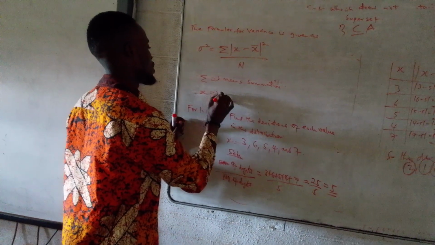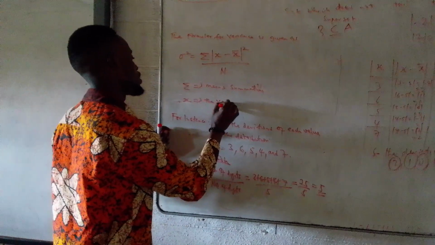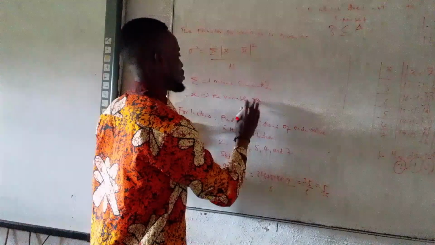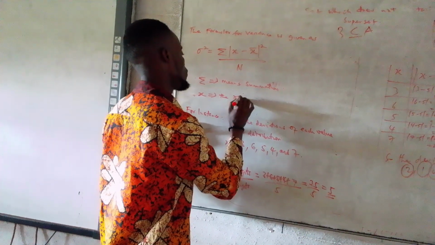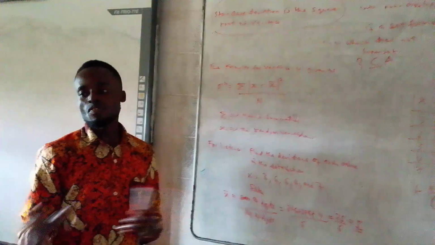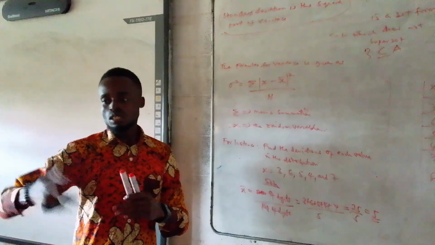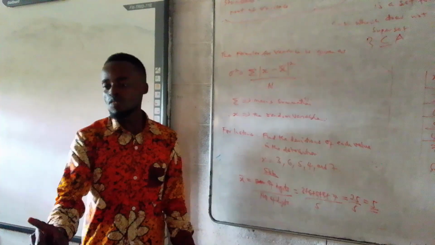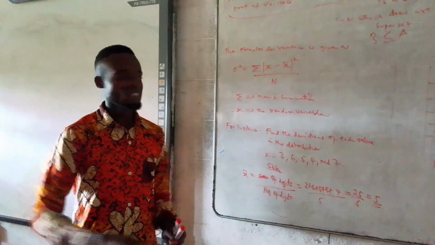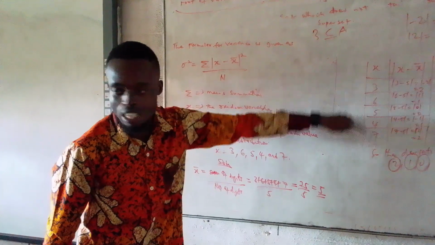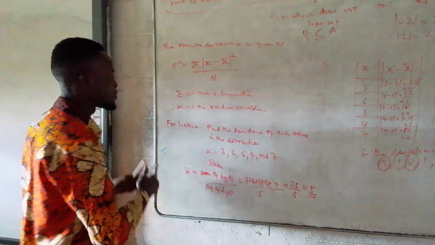Then x is the random variable. A random variable is a variable whose values change. It does not represent only one value. Just like x is 3, 6, 5, 4. If the value changes, it's not just a particular value.